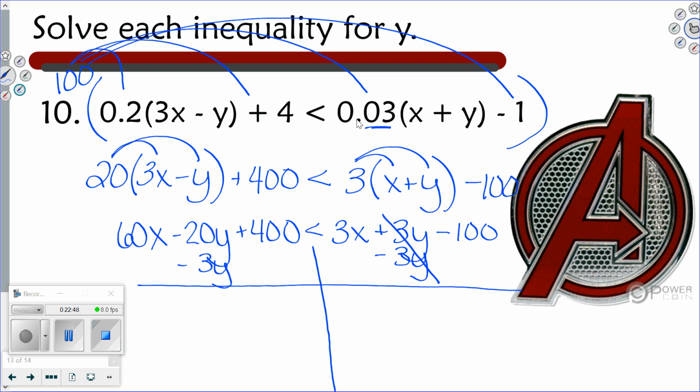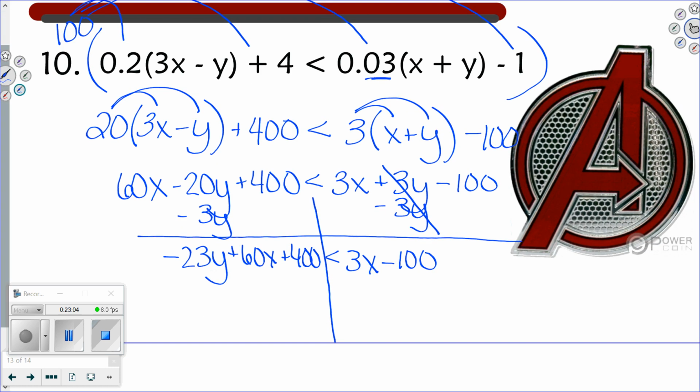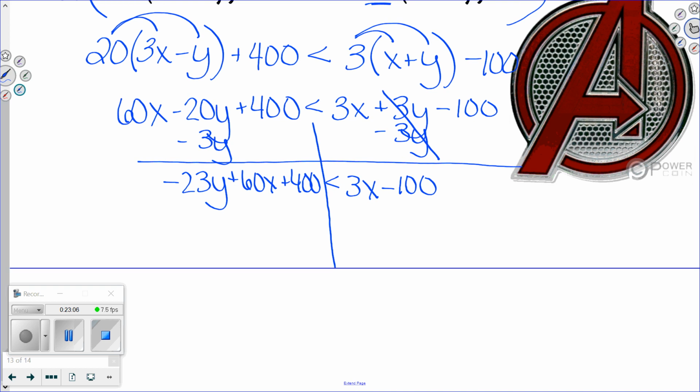So that's going to give me negative 23y. I have plus 60x plus 400 is less than 3x minus 100. Good. Yeah, I would minus the 60x. You can do that.